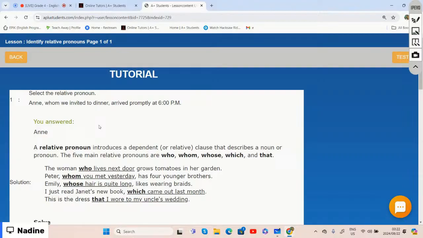Remember, when we say we need to make mention of the relative pronouns, you need to select one of who, whom, whose, which, and that within your sentence, to show it is either a dependent or relative clause.